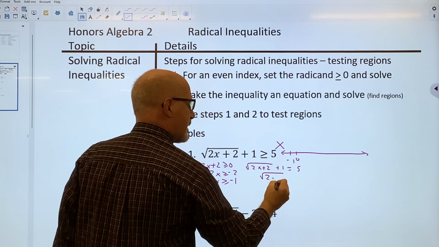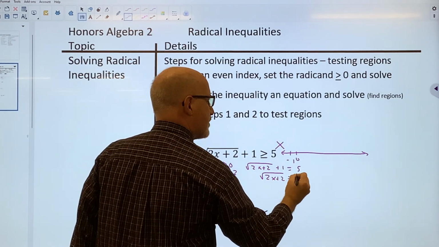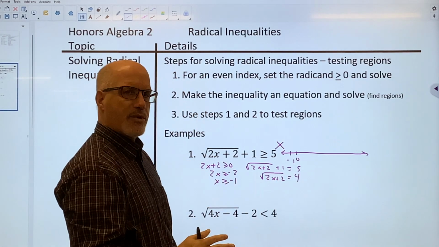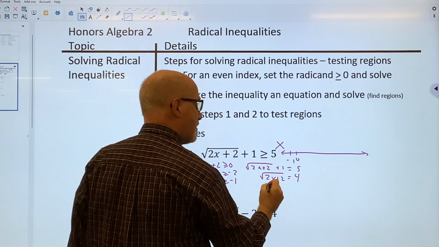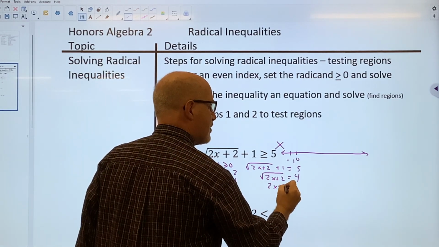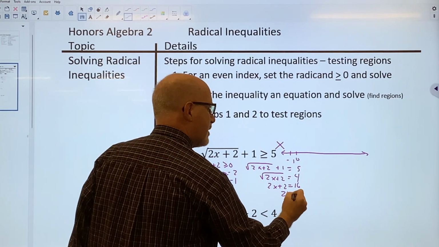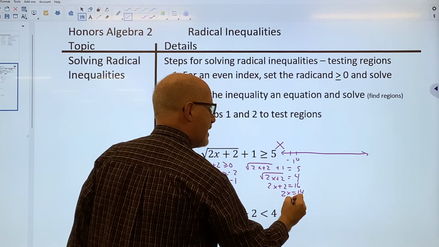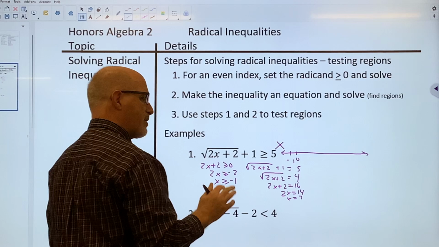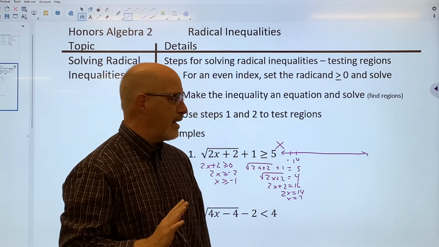Subtract 1 from both sides, so the square root of 2x plus 2 is equal to 4. Square both sides, you get 2x plus 2 is equal to 16. Subtract 2, 2x is equal to 14. x is equal to 7. So 7 is a boundary point for that equation.